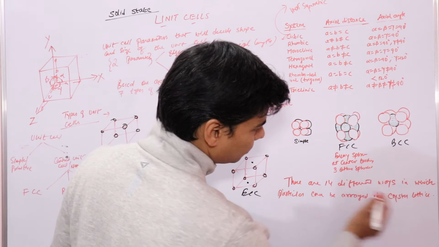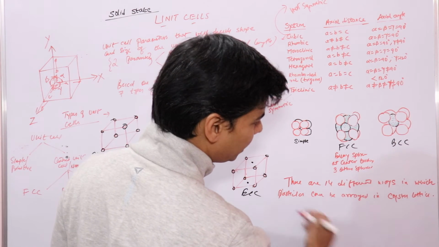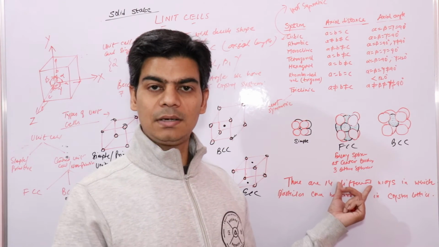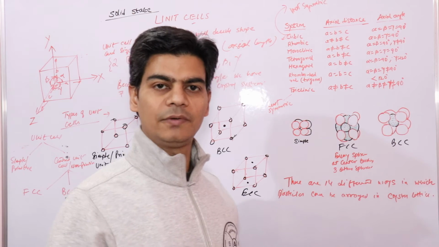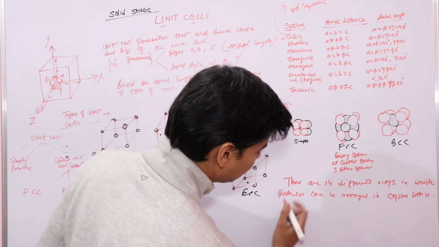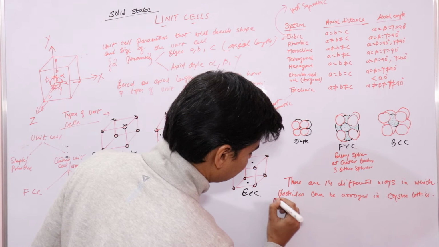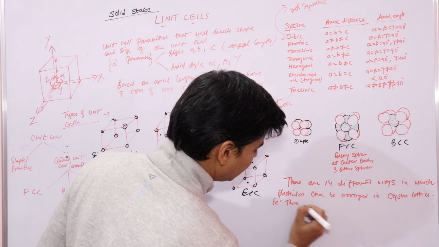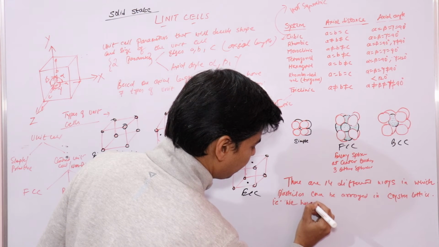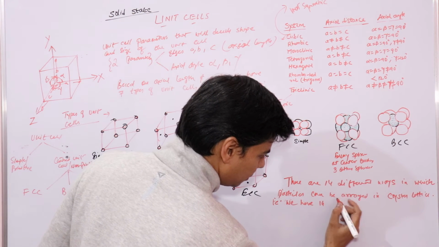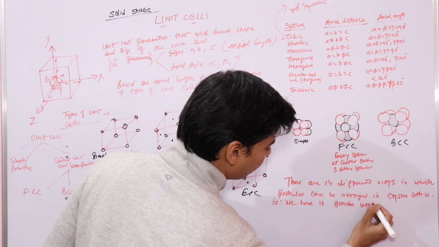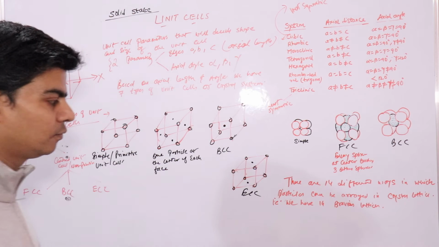So these 14 different ways, that means we have 14 crystal lattices, which are known as Bravais lattices in honor of crystallographer Bravais, right. So we have 14 Bravais lattices, right. We have 14 Bravais lattices.